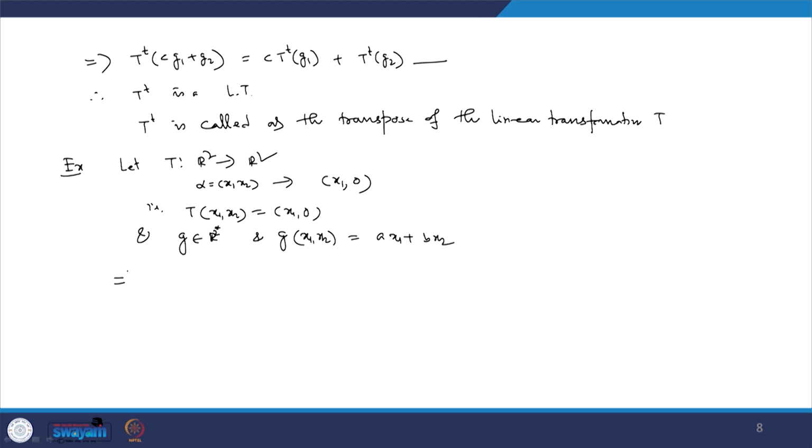So, this implies T t operating on G of alpha will be G of T of alpha, which is G of x1 comma 0, which is equal to A x1. So, we will continue with this in the next lecture.